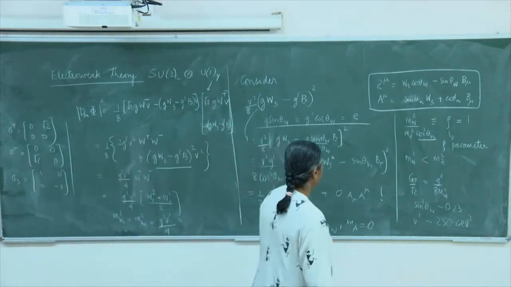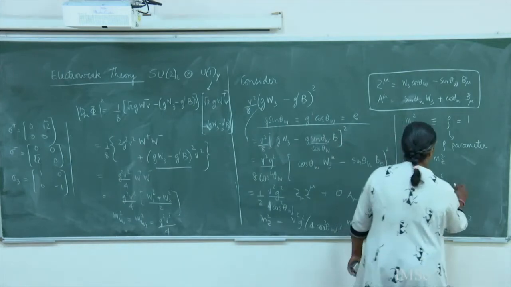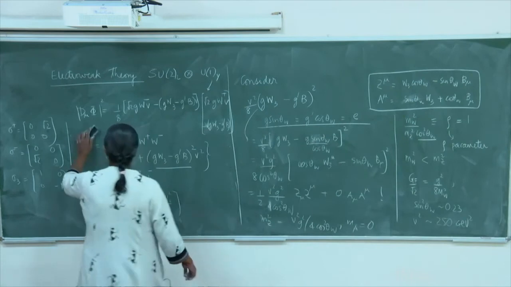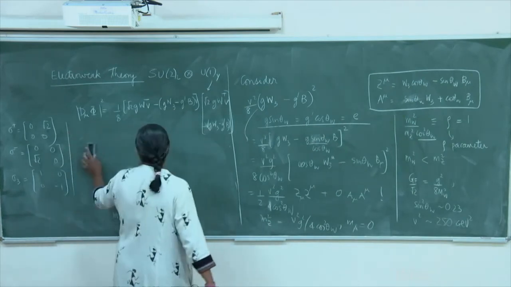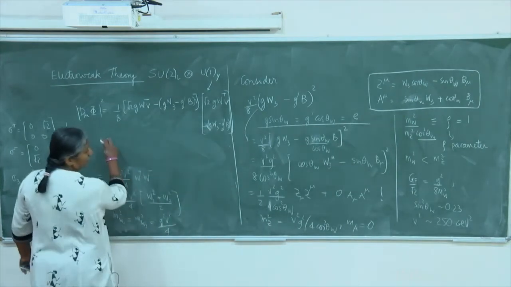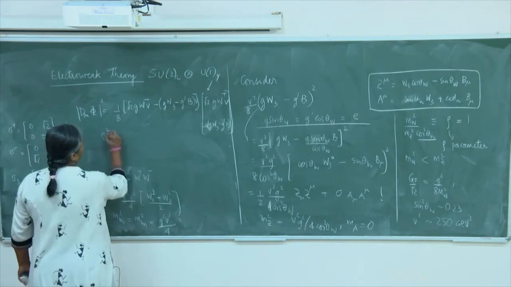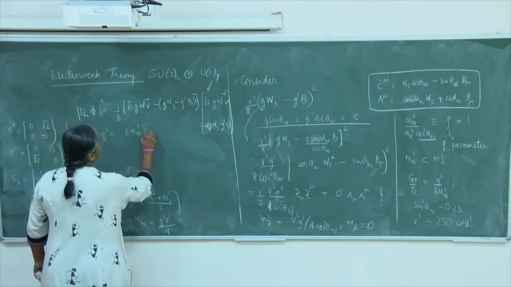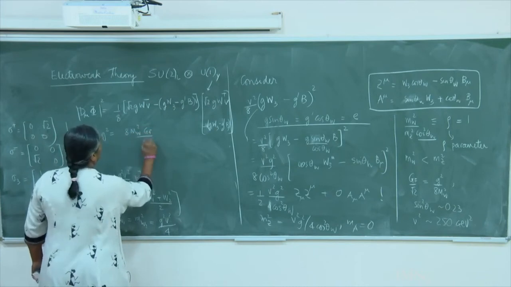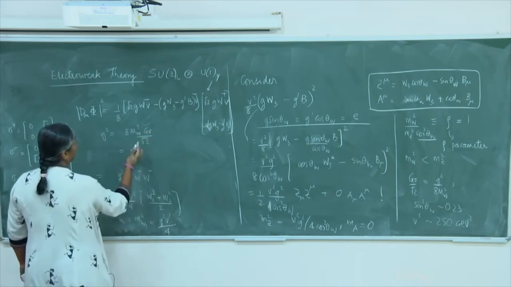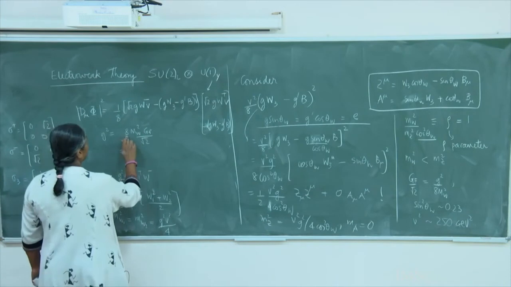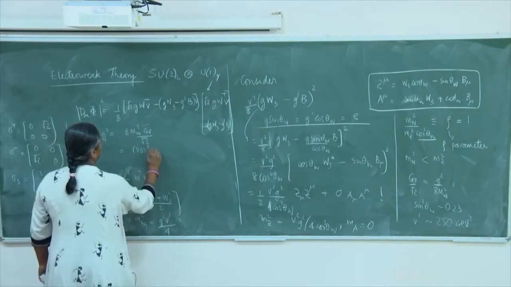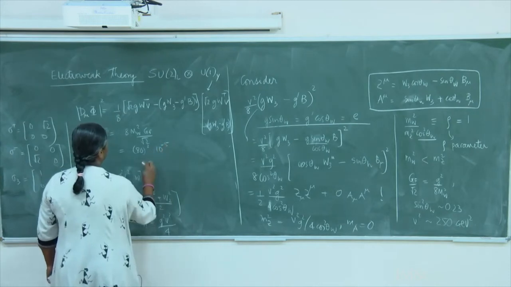Okay, maybe let us do some numbers so that we will get a feel for things. Let us write g squared is equal to 8 m_W squared G_F by root 2. I am not going to worry about root 2, okay. So let's call 8 as 10. So m_W is 80 squared, G_F is 10 to the minus 5.